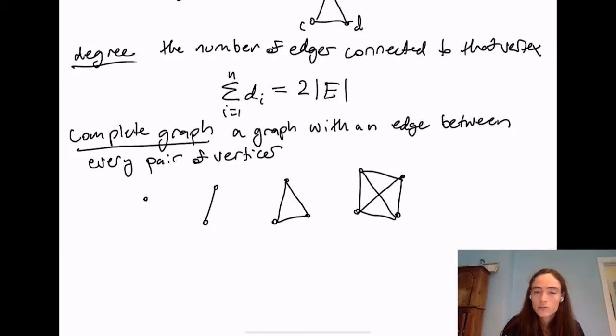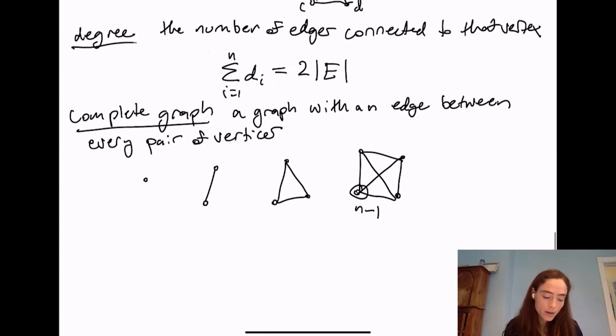So for a complete graph, every vertex will have degree n minus 1 because it's connected to all of the other vertices. And we call the largest subgraph of a graph that's complete a clique.